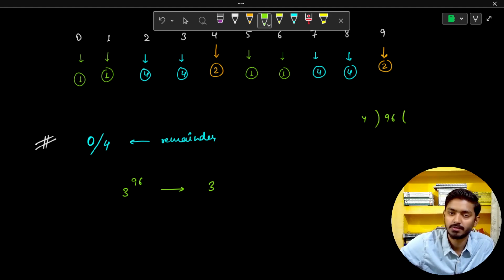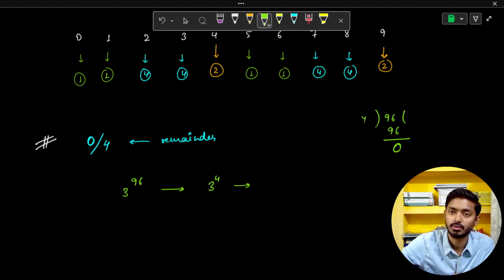We know that we are supposed to divide the power by 4 because 3 has a cyclicity of 4. We can very clearly see that it gets completely divided and there is no remainder. 3 to the power 0 does not make sense because that would be 1. So whenever we get 0, we write 4 over here. Now let's count what the unit digit for 3 to the power 4 is.